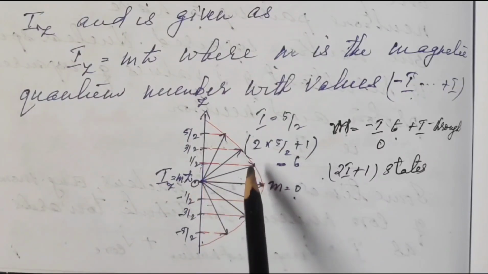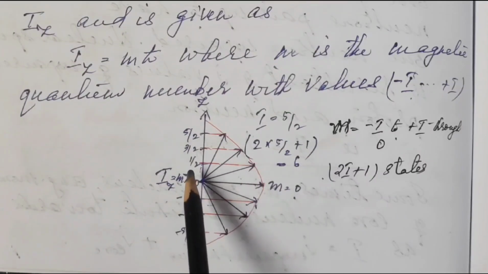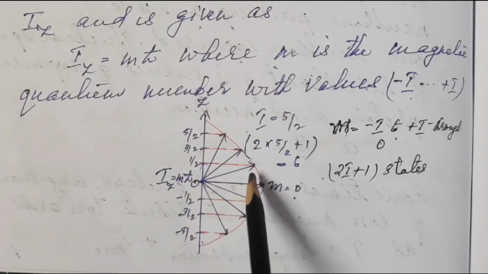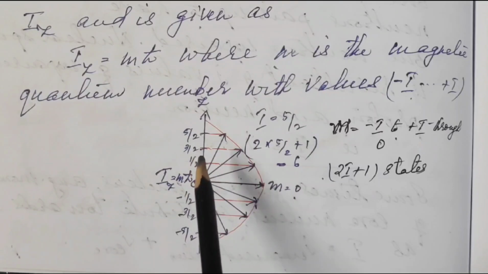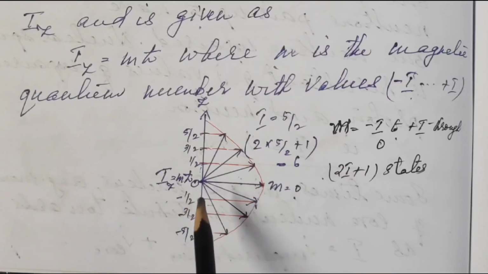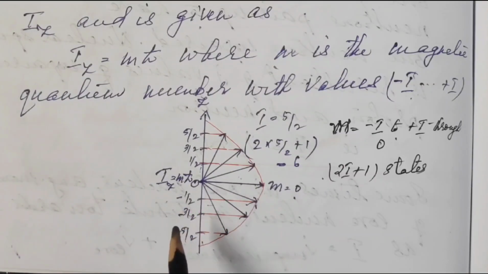So for this particular orientation, Iz is a half h cut. Similarly, you can find out how we arrive at Iz values 3 by 2 h cut, 5 by 2 h cut, and minus 1 by 2 h cut, minus 3 by 2 h cut, and minus 5 by 2 h cut.